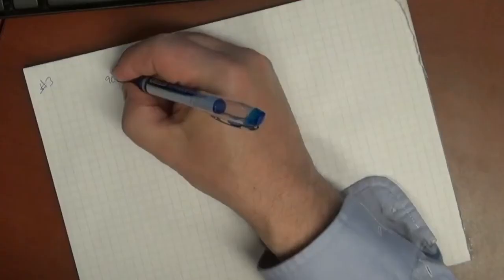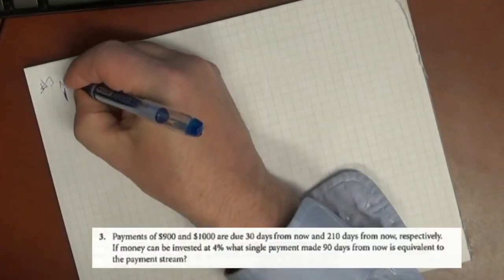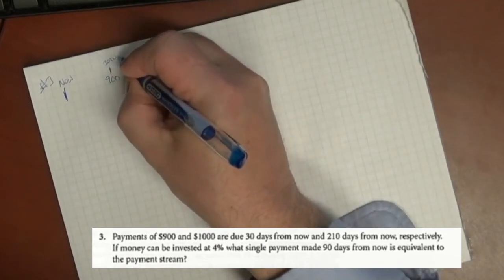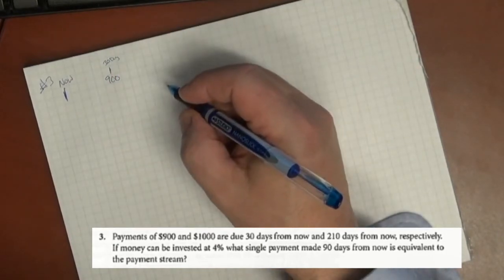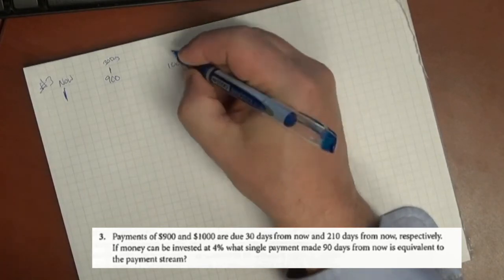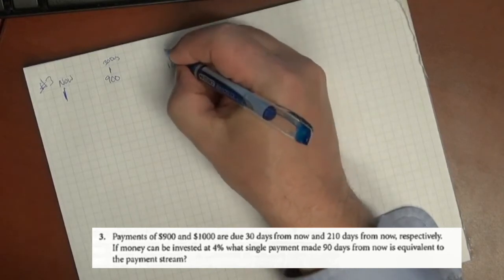So we've got 2 payments, $900 and $1,000. Here's now. $900 is due in 30 days. The $1,000 is due in 210 days.